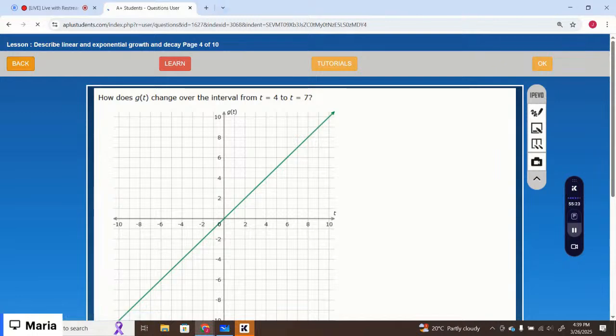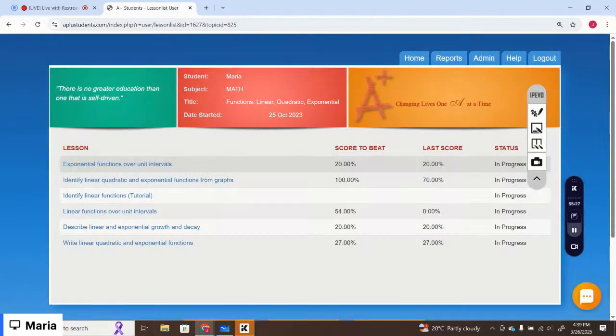So we were working on grade 9 math. The chapter we were working on is functions: linear, quadratic, and exponential.